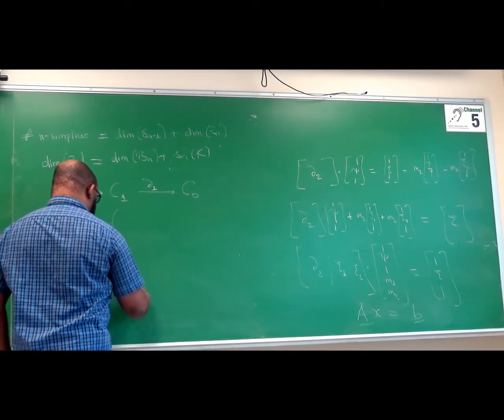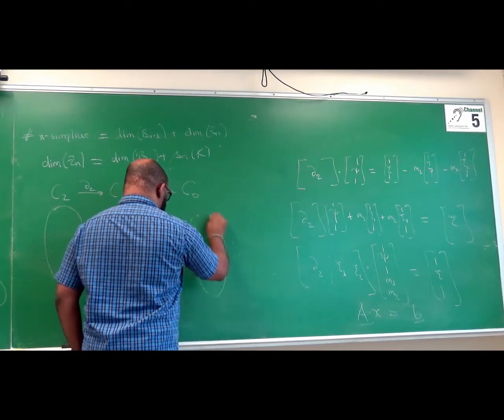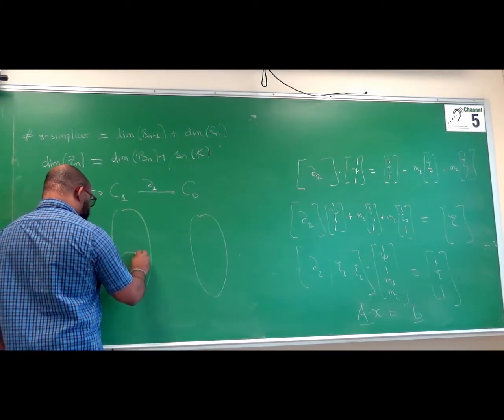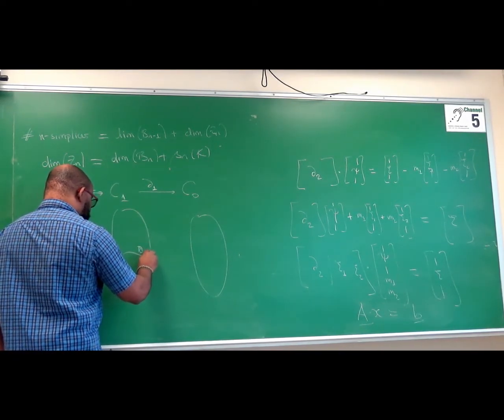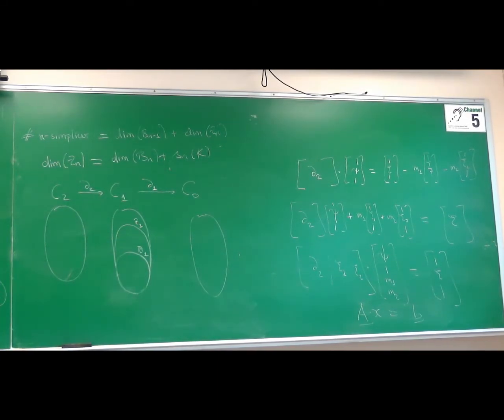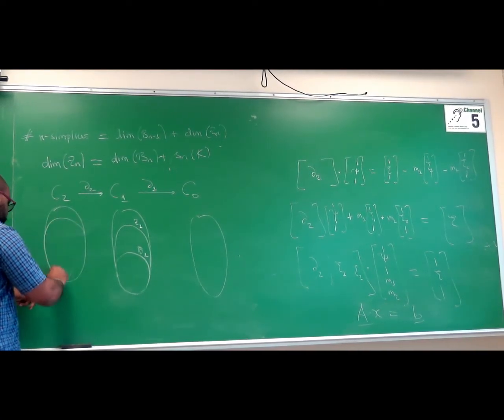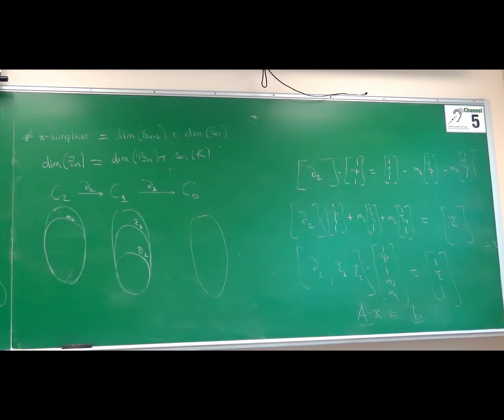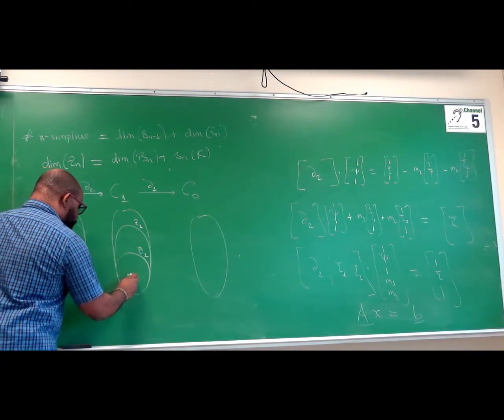So this is C2, this is C1, this is C0. Inside of each space, for example here, I have the boundaries and I have the cycles. Correct? In here, since there is nothing to the left, because there are no higher simplices, I don't have boundary. The boundary is only 0. So what I have in here is the cycles. Okay? And all the cycles now are going to go to 0.